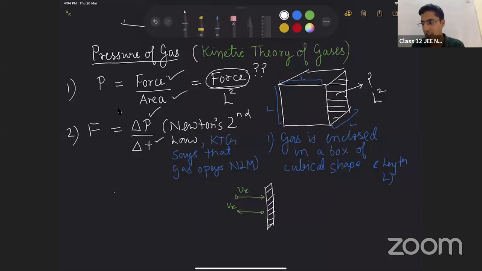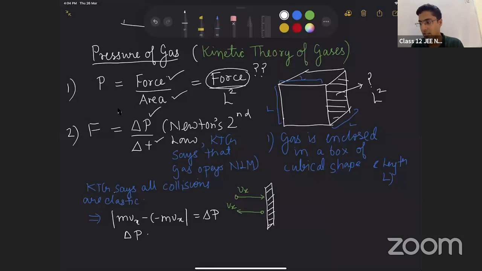Because KTG says all collisions are elastic. That's one of the assumptions of KTG. This implies the change in momentum is mVx minus (minus mVx), which is delta p. So delta p is 2mVx in the x direction.